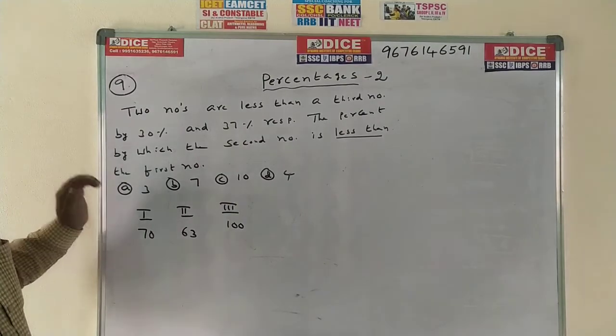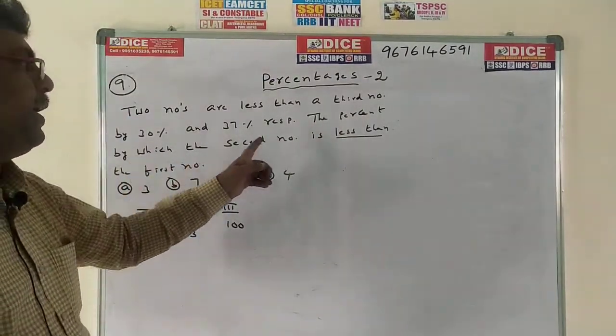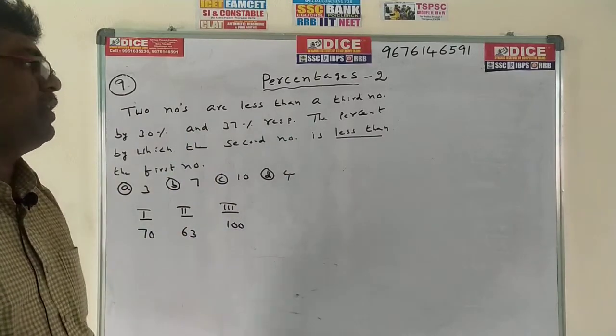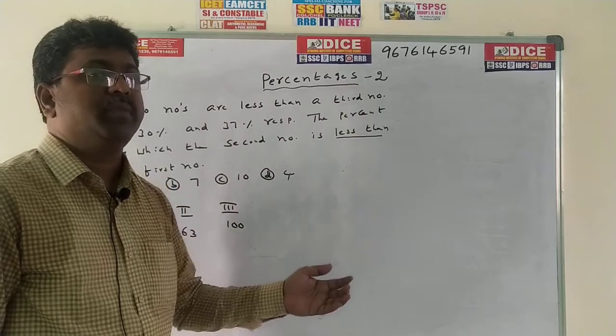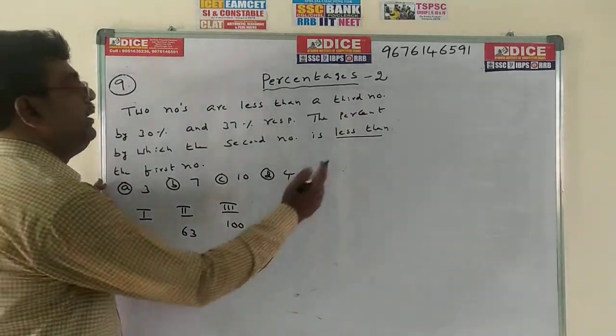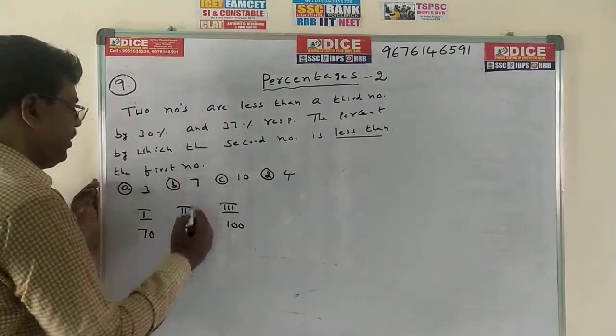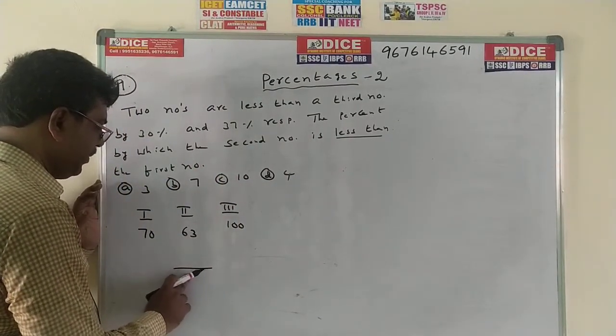Now the problem: the percentage by which the second number is less than the first number. Whenever it is more or less, we can use the formula. As I told you, the priority goes to the first number, so the denominator is the first number.